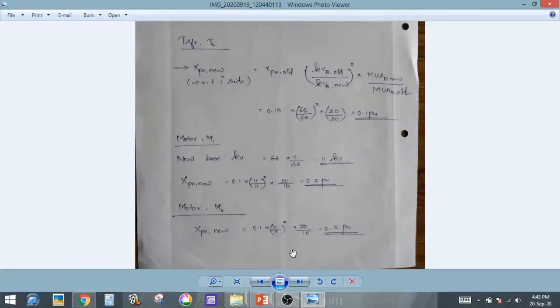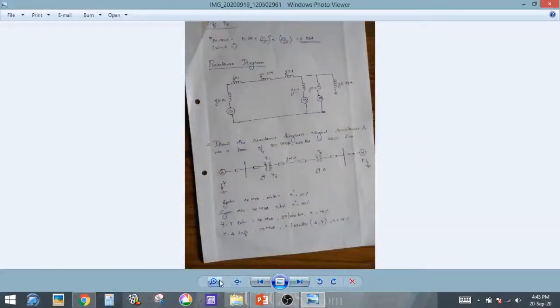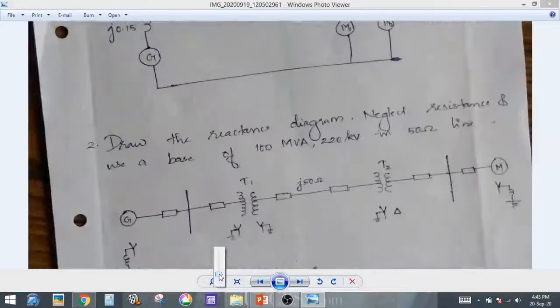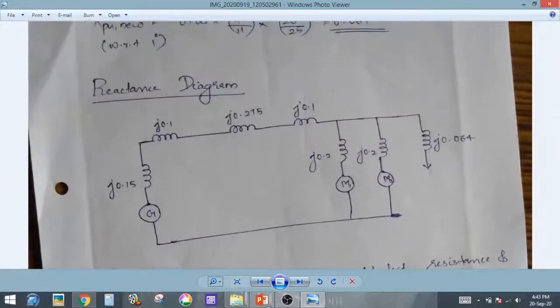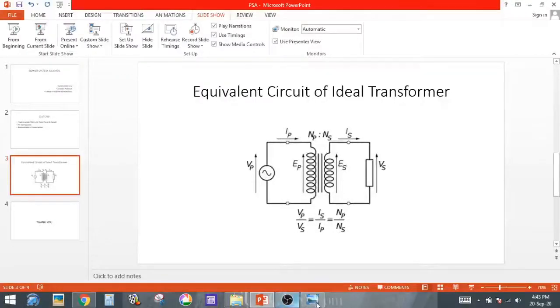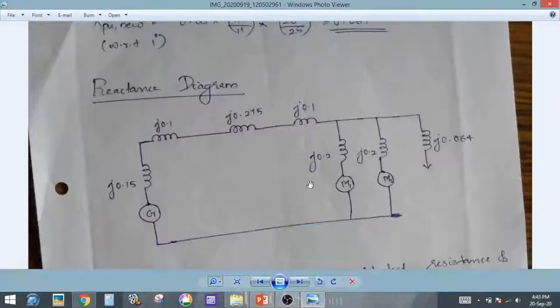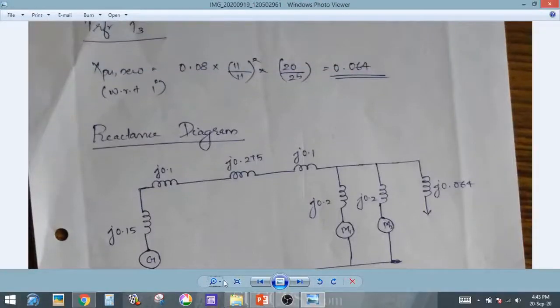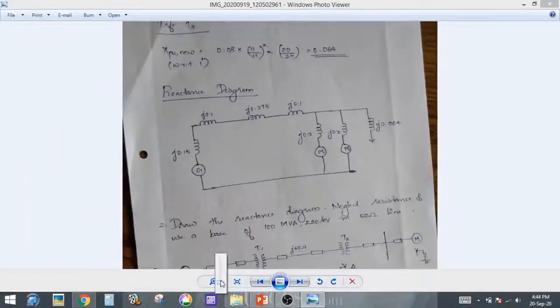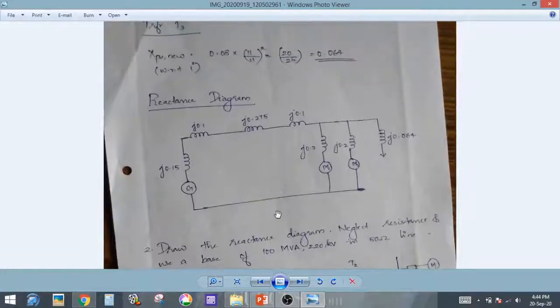So at that time the base kV will be changing. Finally, we can draw the components and represent them in a reactance diagram.